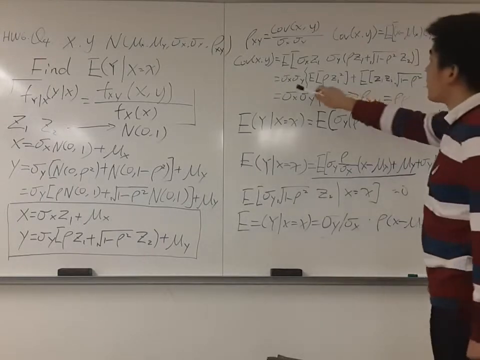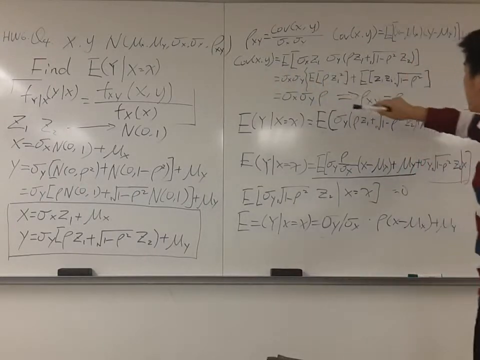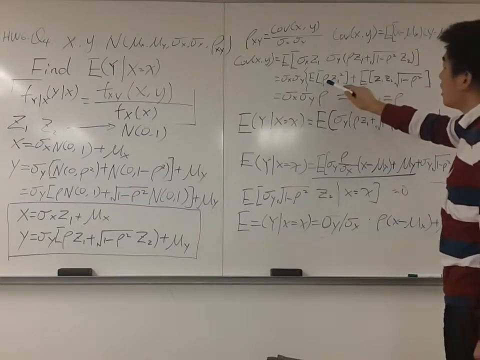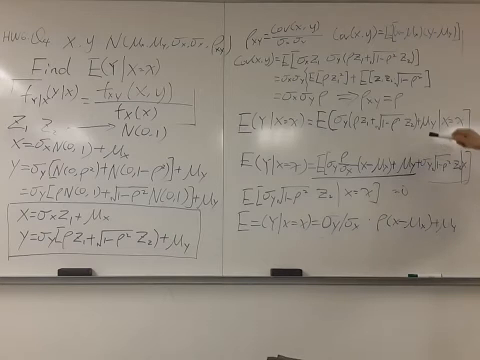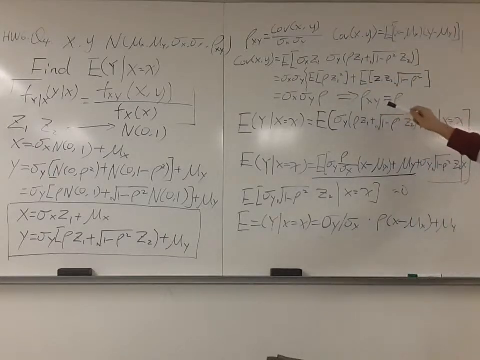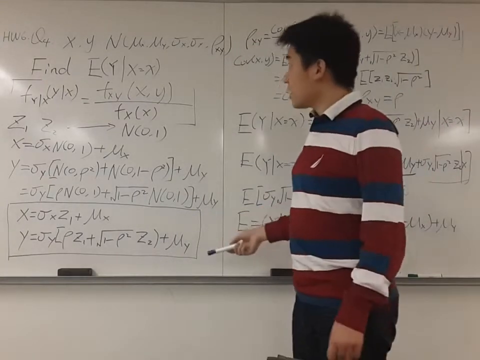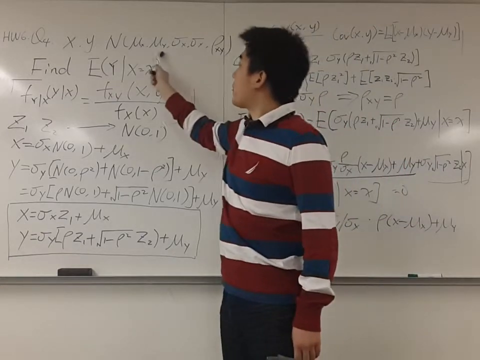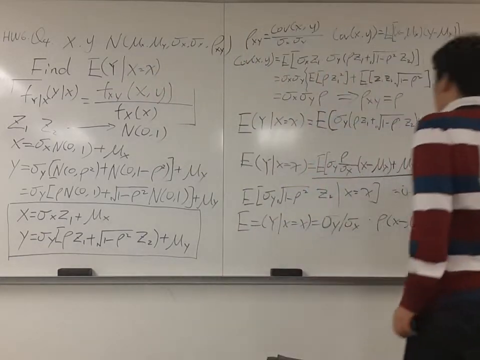That means the covariance of X and Y should be sigma x sigma y times rho. Comparing these two formulas, we get rho xy is rho. That means this relation here is a valid representation for these correlated X and Y.